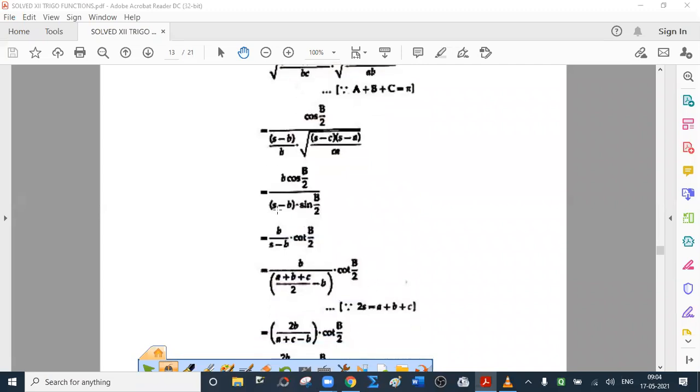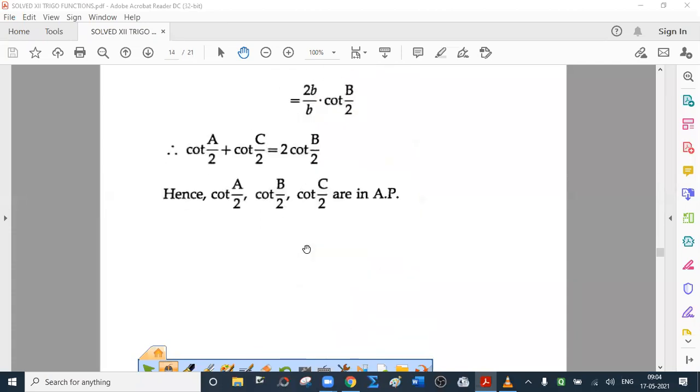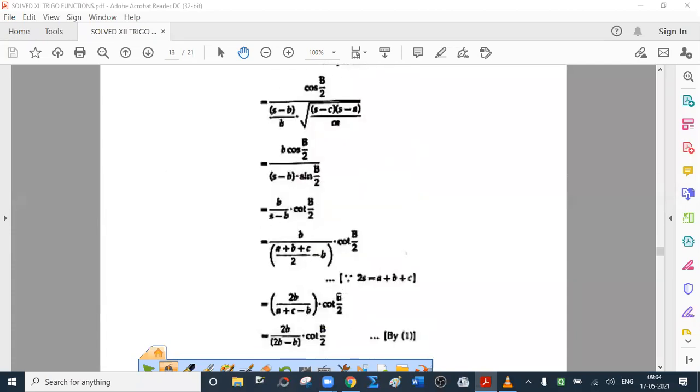Now, the next part is important. s is nothing but the semi-perimeter. So can I replace s by a plus b plus c upon 2? Yes, I can. So if you do so, you get 2b upon 2b minus b. That is just b cot B by 2. Okay, because from 1, a, b, c are in arithmetic progression.